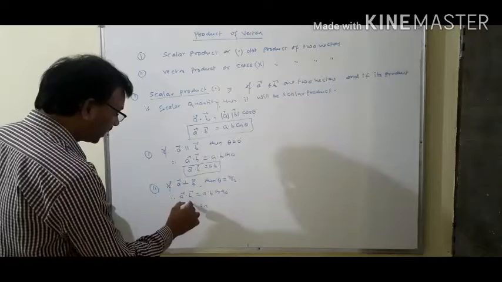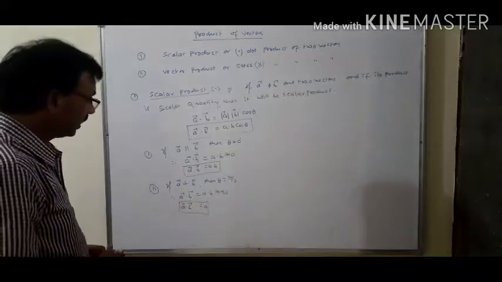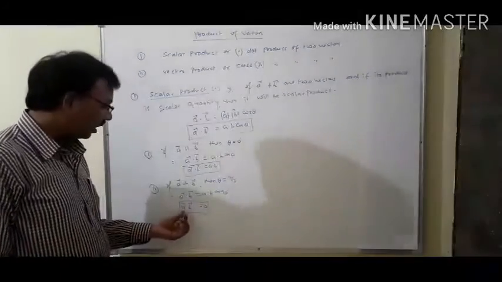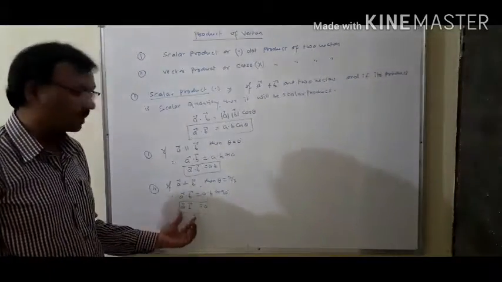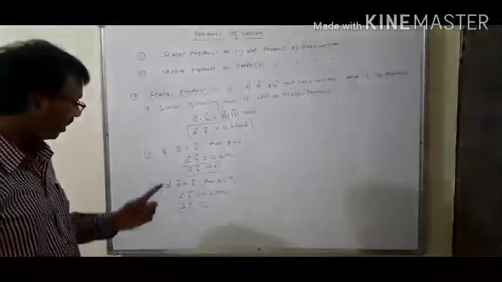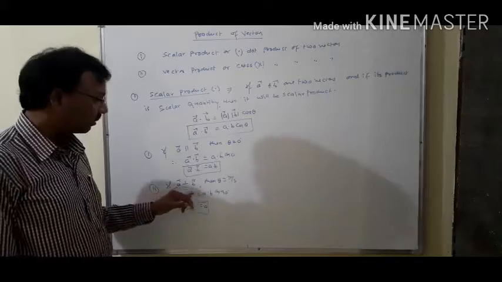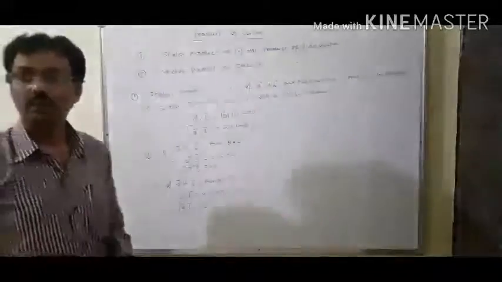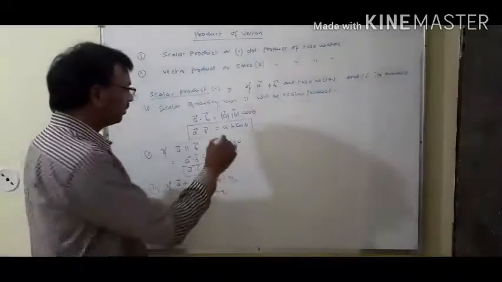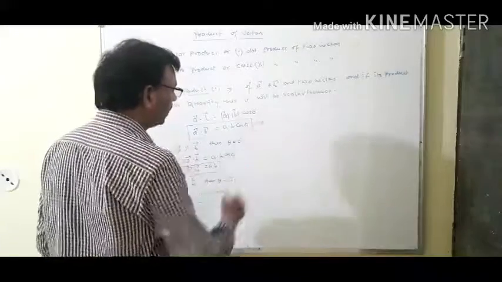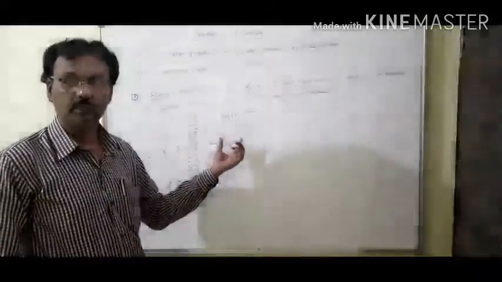That means vector A dot vector B equal to 0. That means if the scalar product of two vectors equals 0, then we can say both vectors are perpendicular. Or vice versa, if vector A and vector B are perpendicular, then the dot product of both vectors will be 0.